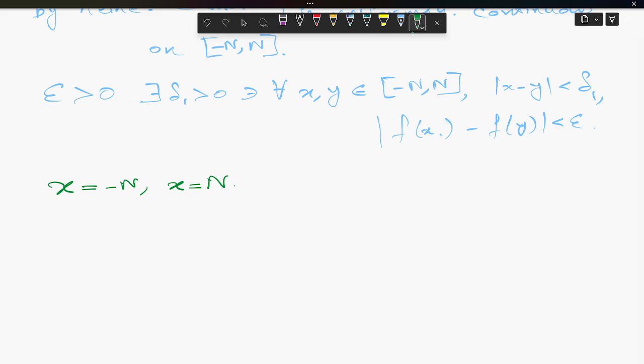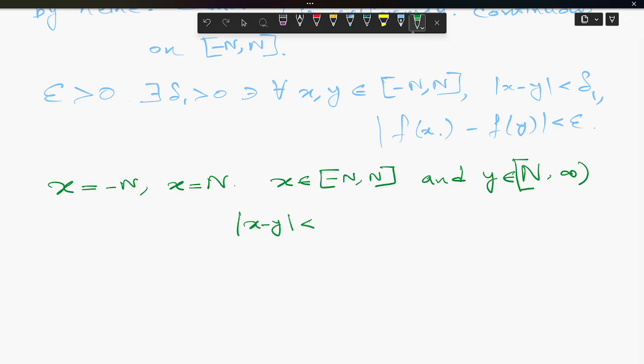Now for x belongs to this and y belongs to this, if mod of x minus y is less than delta, then y is close to n.